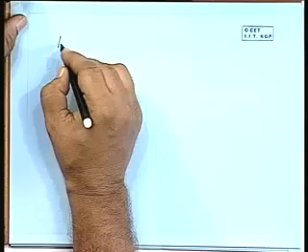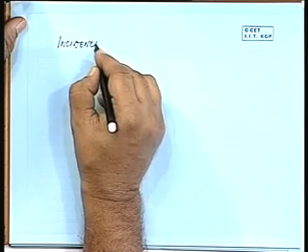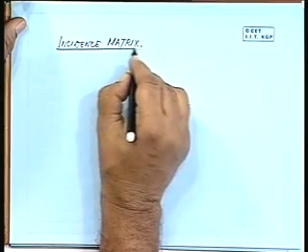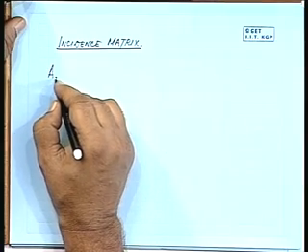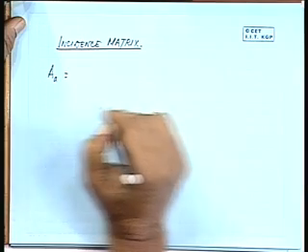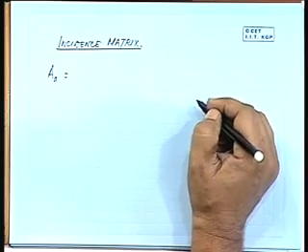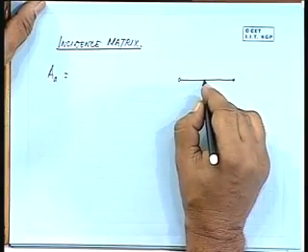Now we define a matrix, incidence matrix. Complete incidence matrix A. We select say a direction for all the elements.